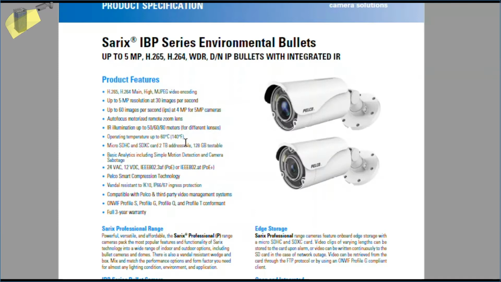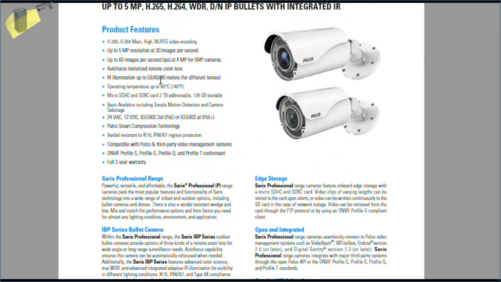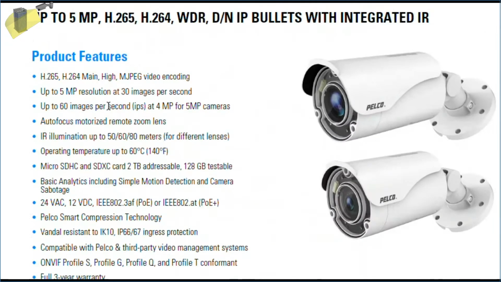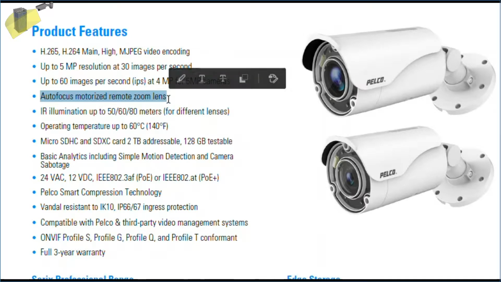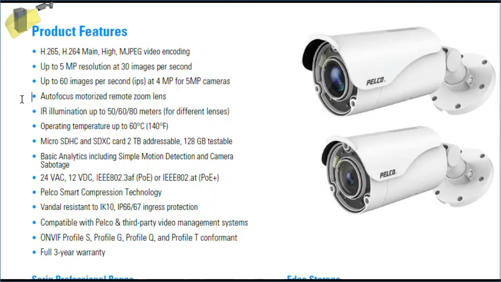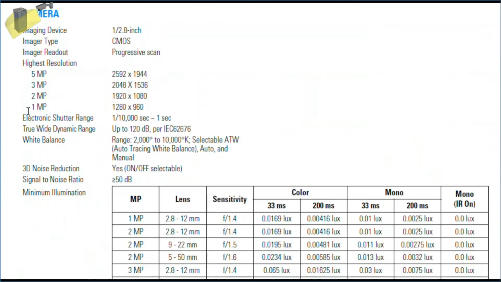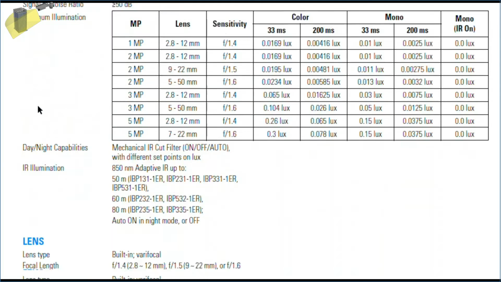Now let's have a look at another camera which belongs to Pelco. As you can see, this camera is an autofocus motorized remote zoom lens, so it's a varifocal camera, which can change its focal length.